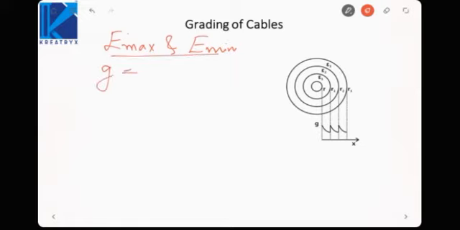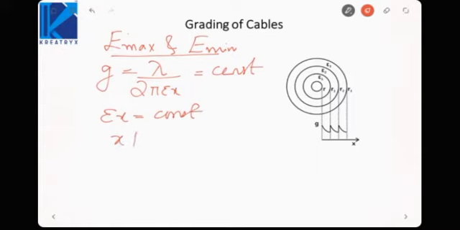So G, or the electric field, is lambda by 2 pi epsilon x. If this is to be taken as constant, then epsilon x will be constant. That means as x increases, epsilon should decrease. So as we move from the center or the core to the sheath, the permittivity should decrease.